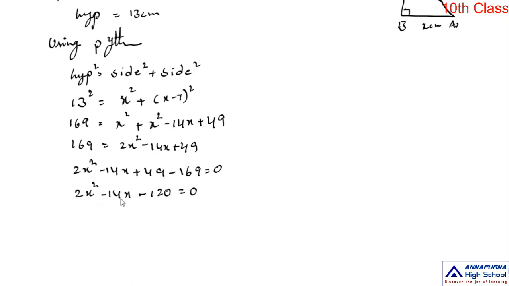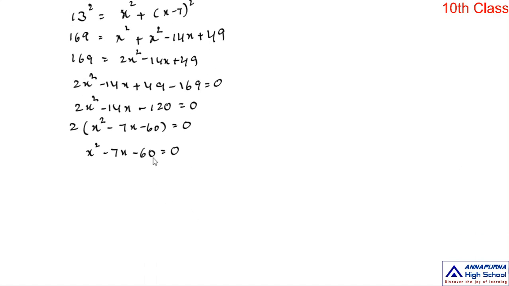And when you observe the terms, in every term 2 is the common factor, so take it out. So 2 into x square minus 7x minus 60 is equal to 0. And transpose this 2 to the right side, x square minus 7x minus 60 is equal to 0. Now solve this quadratic equation by the factorization method.